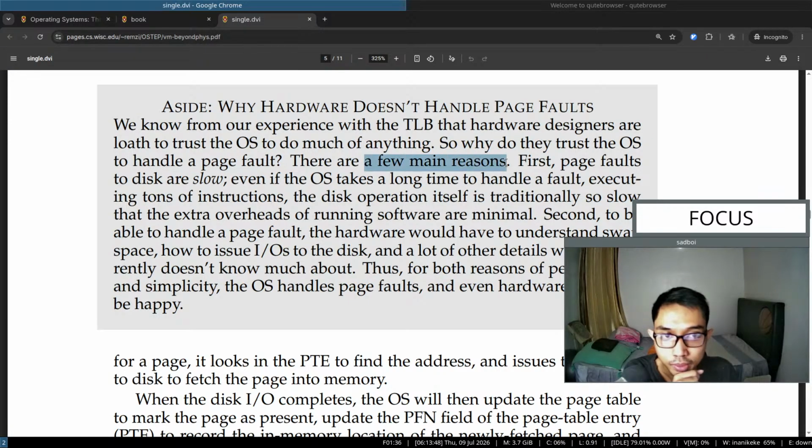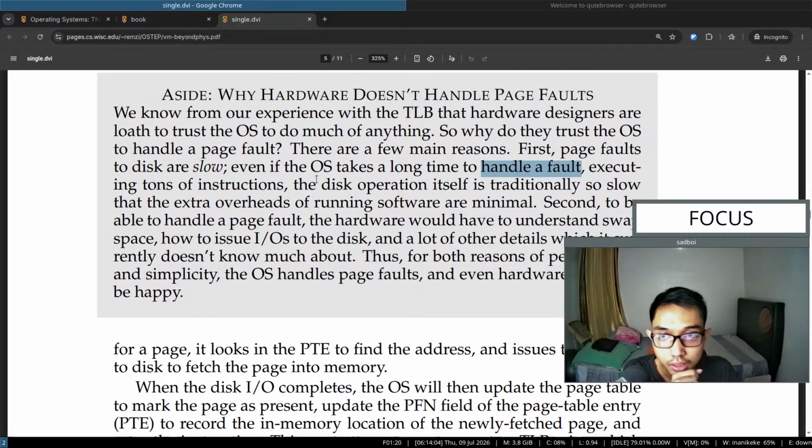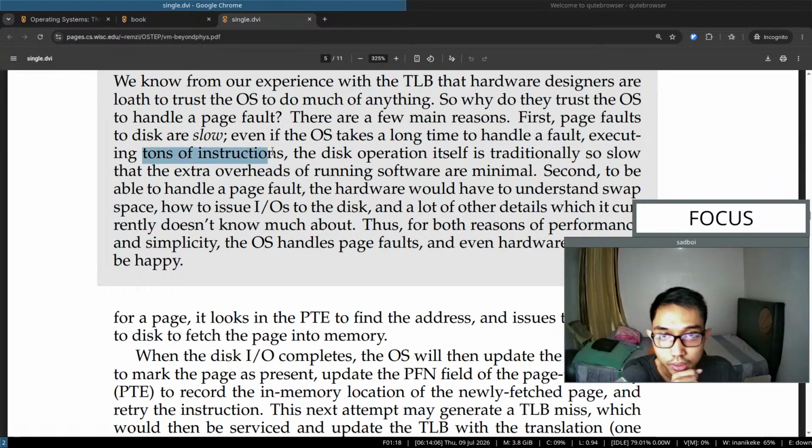There are a few main reasons. First, page fault duties are slow. Even if the operating system takes a long time to handle a fault, executing tons of instructions, that operation itself is traditionally so slow that the extra overhead of running software is minimal.